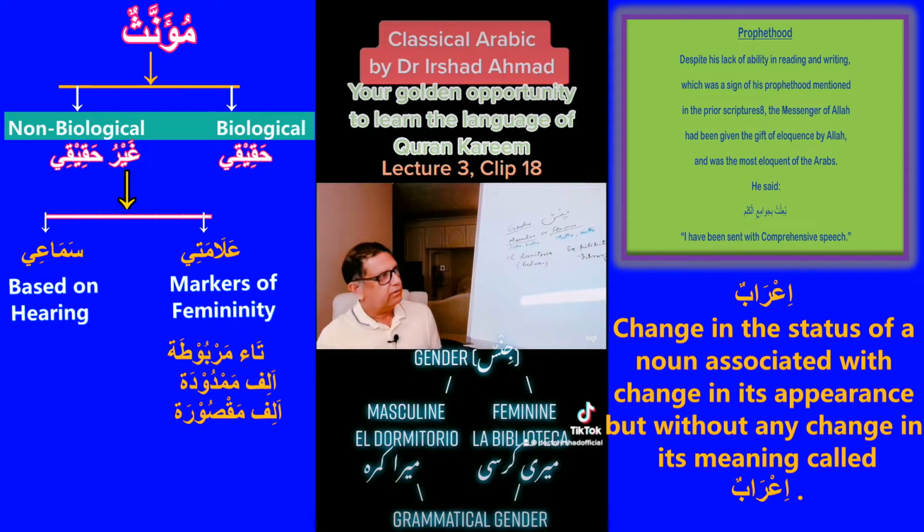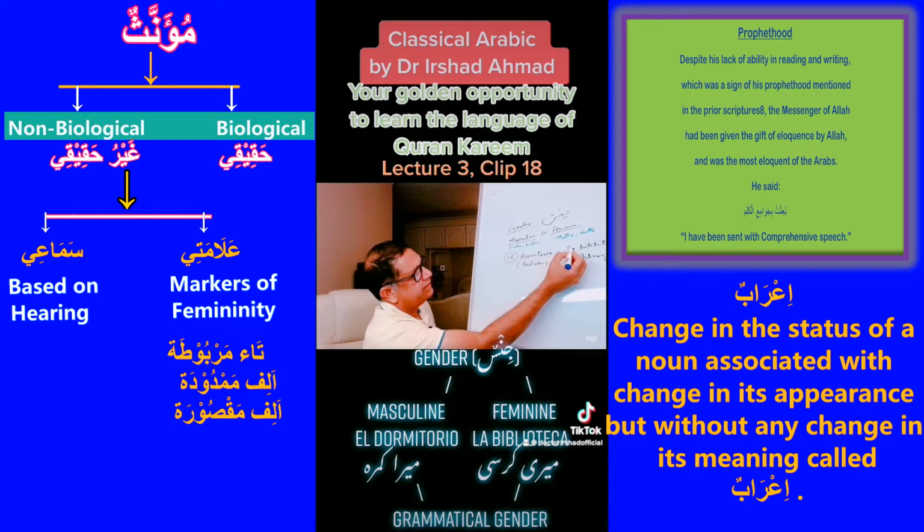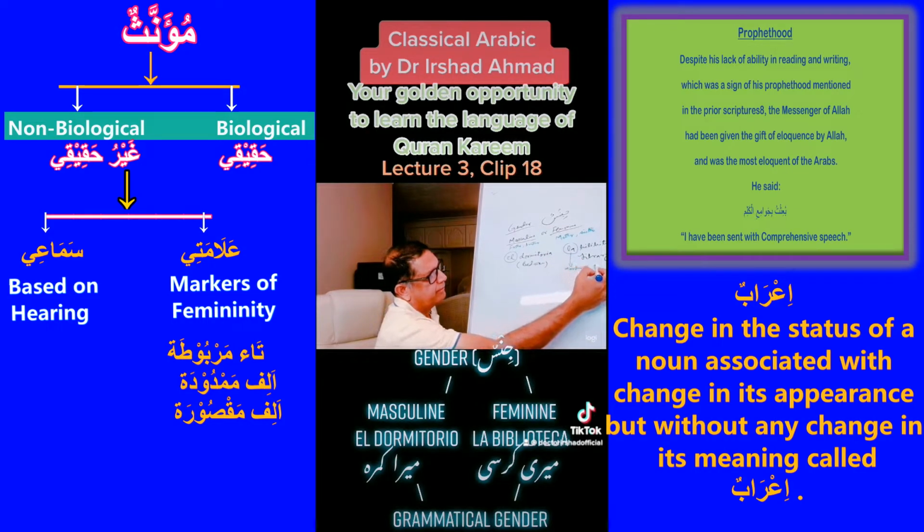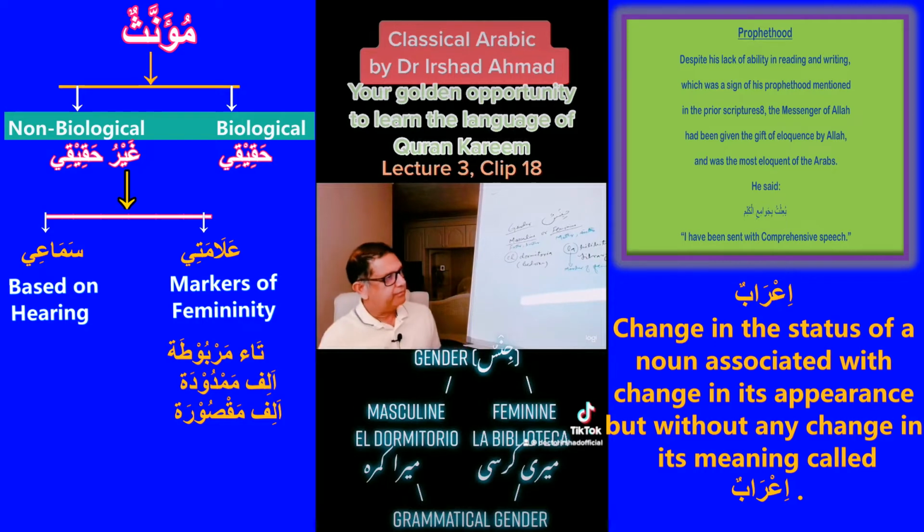So if we look carefully here, masculine word is prefixed with E-L, el, and feminine is prefixed with L-A, la. So this is basically marker of femininity in Spanish, and this is taken as a marker of masculinity.